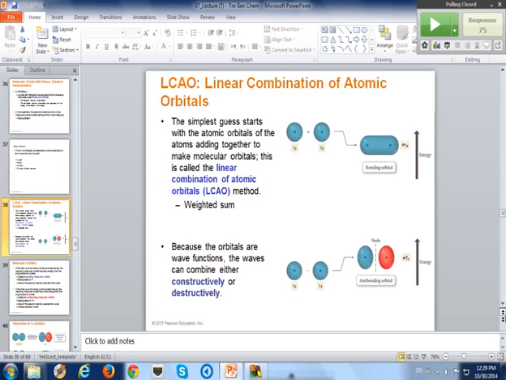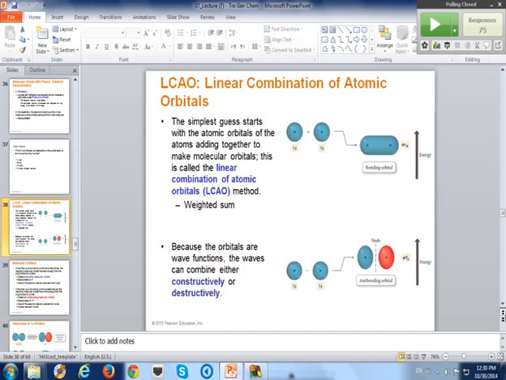So pictorially, we can consider the atomic orbitals in the hydrogen molecule, the two hydrogen atoms, and the ground state wave function would be 1s. And so we could find, by the molecular orbital theory, the wave function in the molecule by linearly combining these atomic orbitals for the two hydrogen atoms.